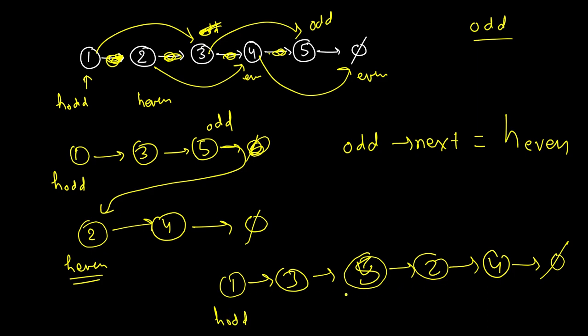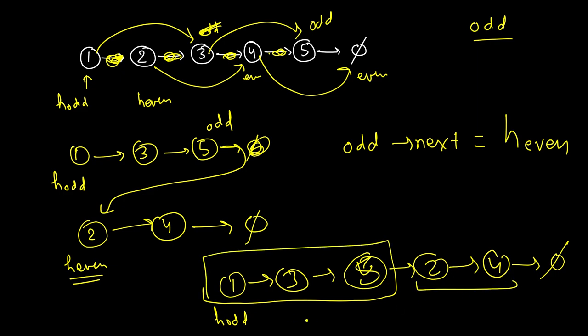So this is the new linked list and the desired linked list. You see that odd nodes have come together followed by even nodes, and we have to return the new head of the new list. So we will return h odd. So this was the odd case where even has become null.